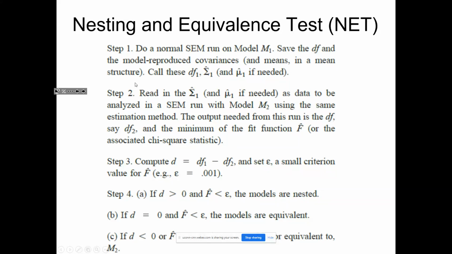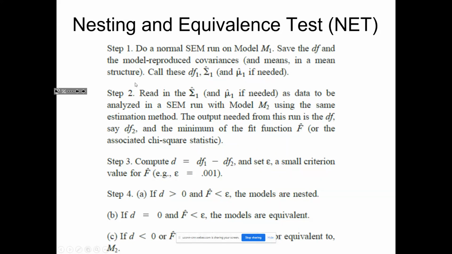It's equivalent if the two models I ran have the same degrees of freedom, and nested if they have different degrees of freedom. Again, we're interested in the difference in the degrees of freedom, where it says compute D equals DF1 minus DF2, rather than the degrees of freedom themselves.